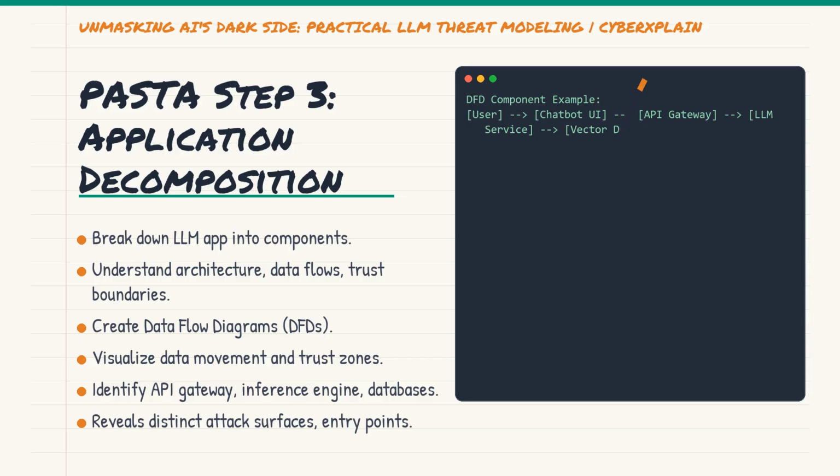For an LLM, this might include the user interface, the API gateway, the LLM inference engine, databases, and any external services. This granular view helps identify distinct attack surfaces and threat vectors more clearly. Think of it like disassembling an engine to understand how each part works.